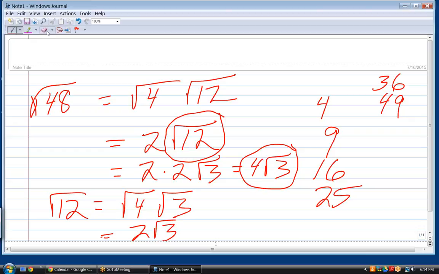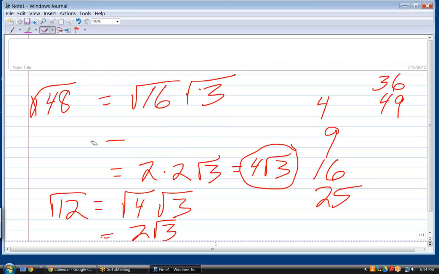Now, could we have gotten there quicker? Yes. If I happen to notice 16 is also a factor of 48, so it's 16 times 3. Well, what's the square root of 16? 4.